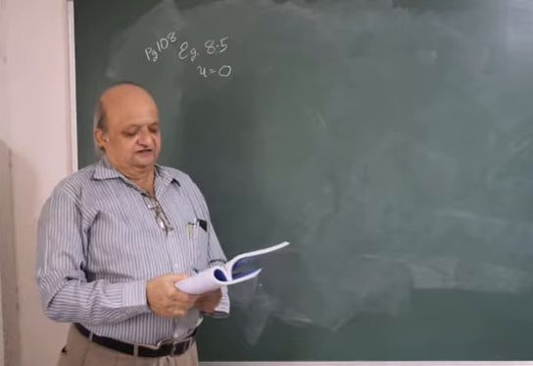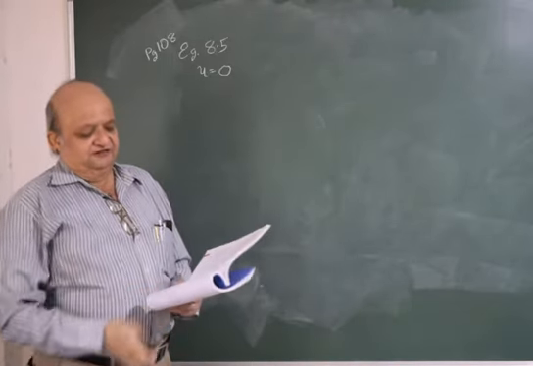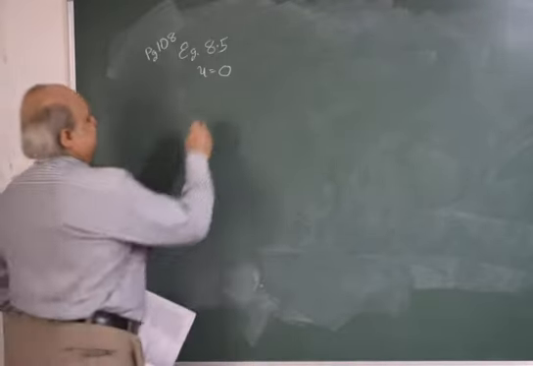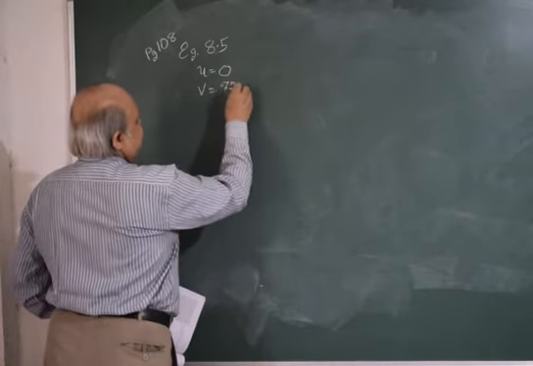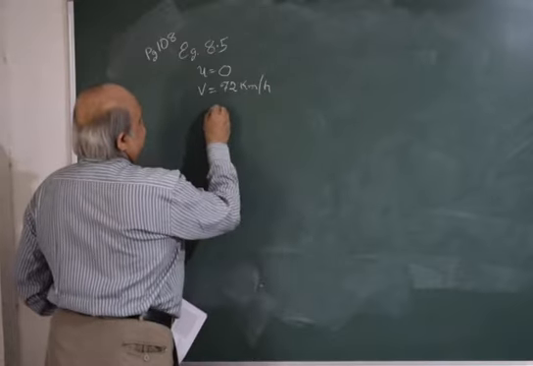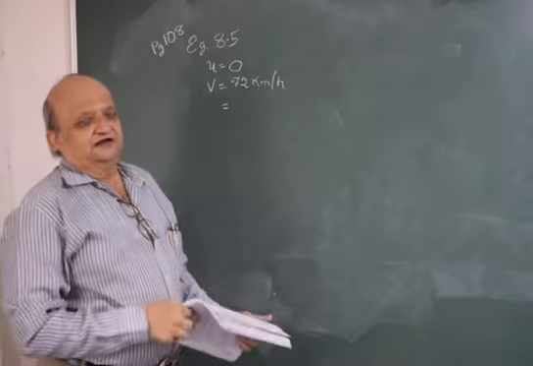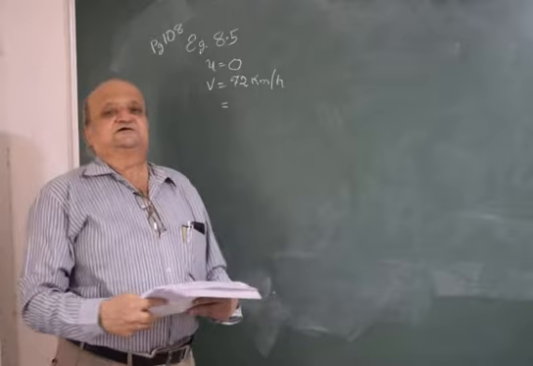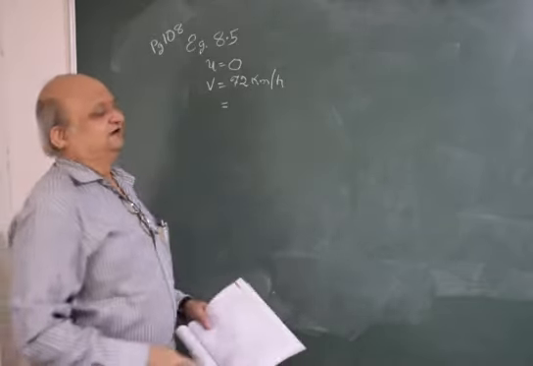A train starting from rest attains a velocity of 72 km per hour. That means the final velocity is 72 km per hour. Now we know that we cannot use kilometer or hour as the units. The first thing we will have to convert is 72 km per hour to meter per second.